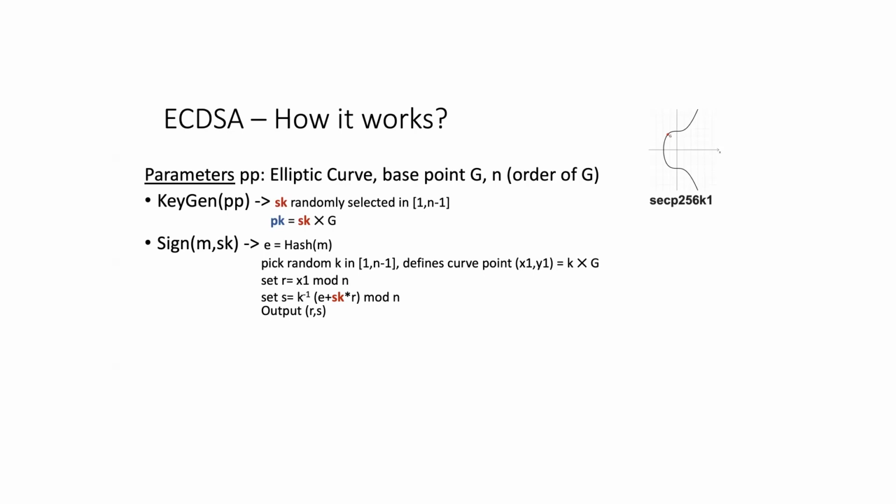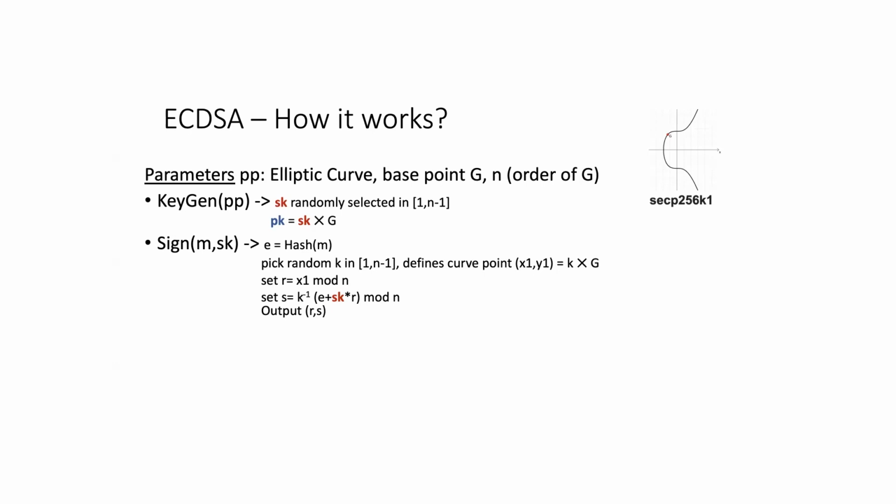You're going to isolate x1 and take it modulo n. And then, for your signature, you're going to inverse your random nonce K, and then take the hash plus the secret key times the randomness that was generated by K modulo n.